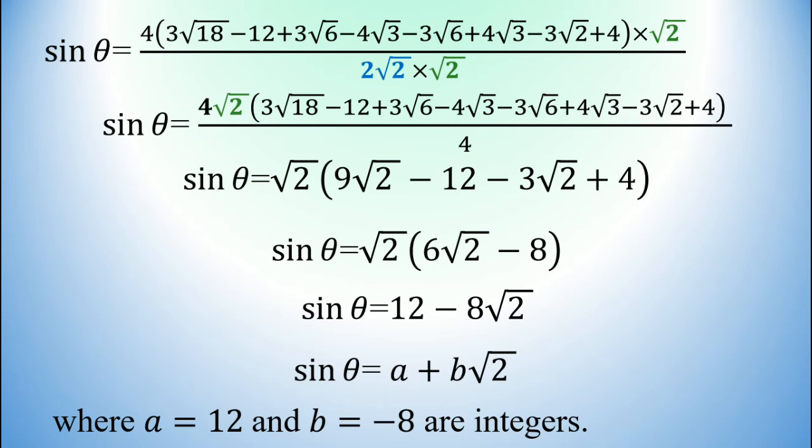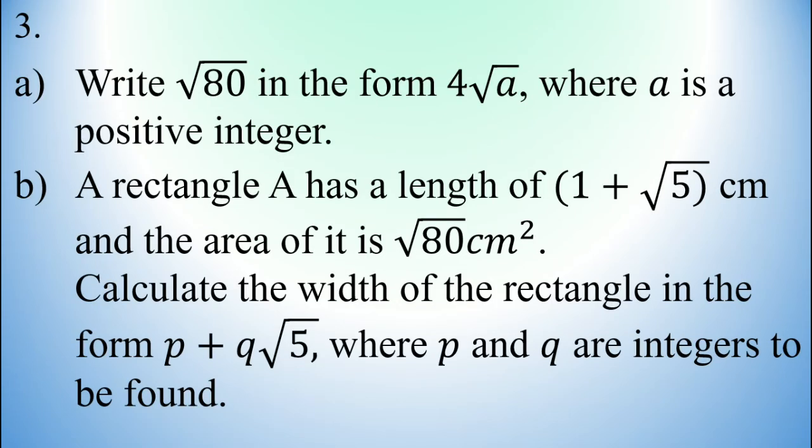Now move to the last problem. This is the last problem that we are going to discuss. The first part is: write root 80 in the form 4 root a, where a is a positive integer.